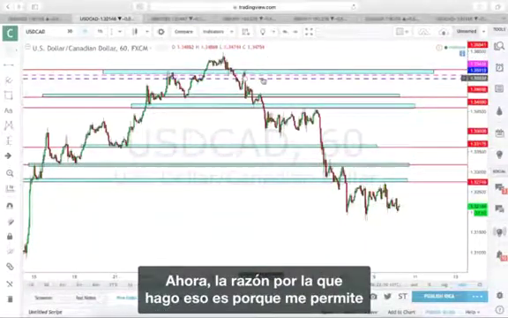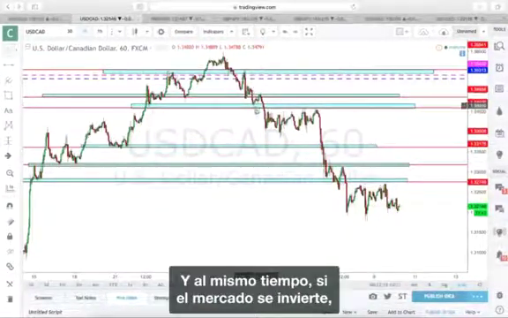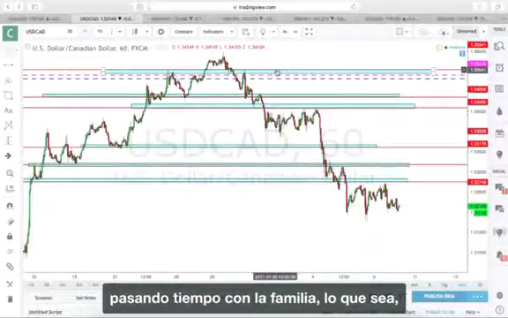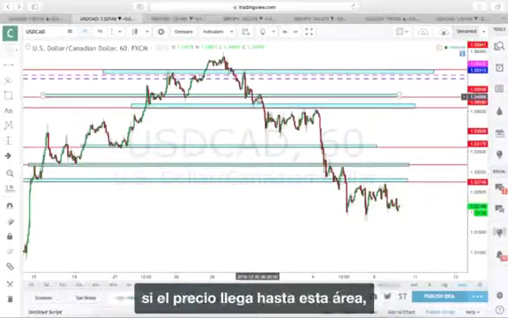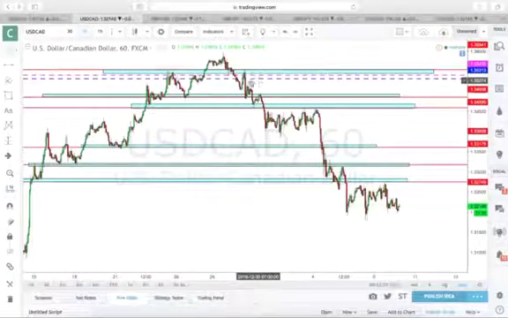Now, the reason why I do that is because it allows me to not have to look at the charts constantly. And at the same time, if the market reverses and I'm not looking at the charts, whether I'm sleeping, spending time with family, whatever it may be, if price comes and hits this area, it will hit your stop profit first.